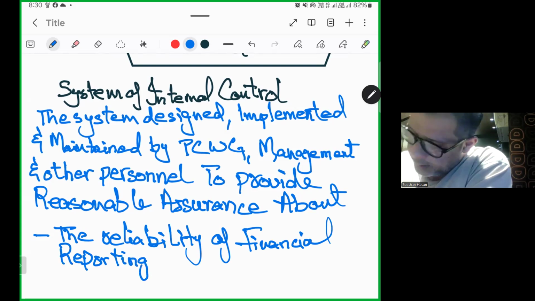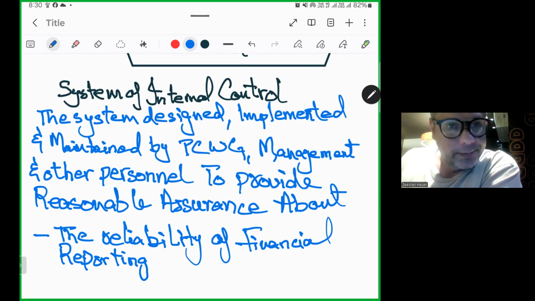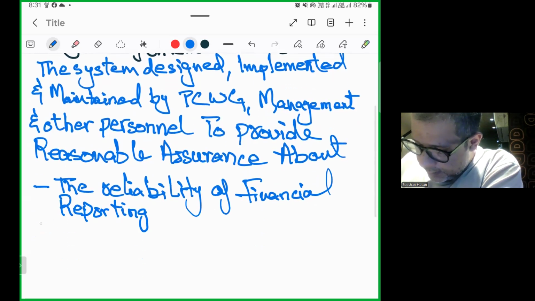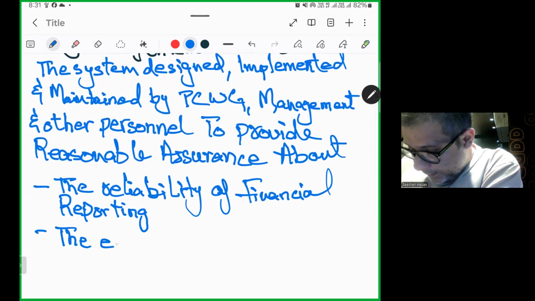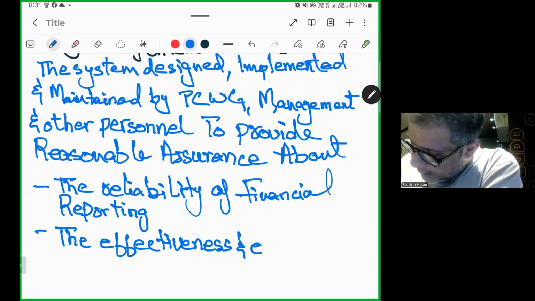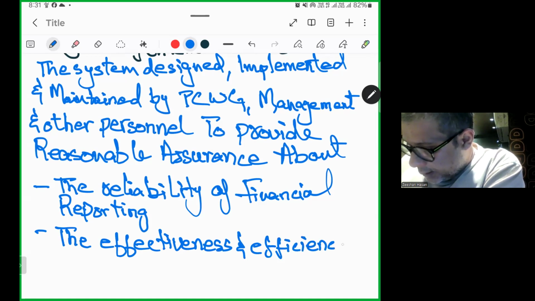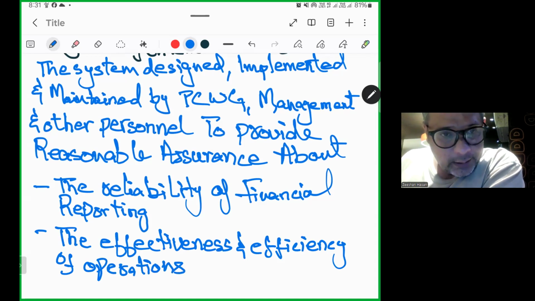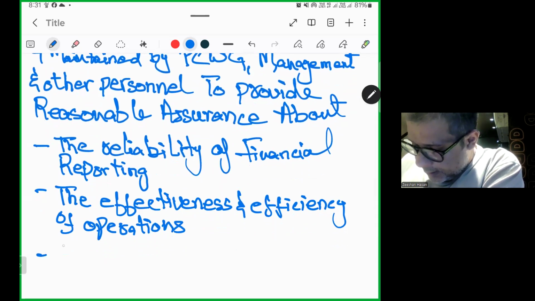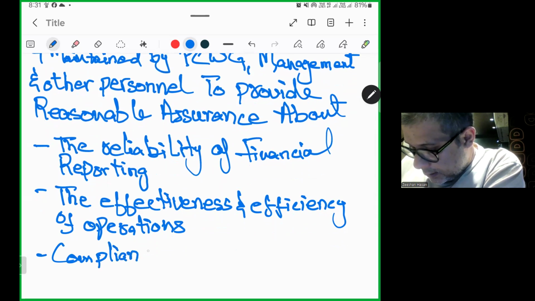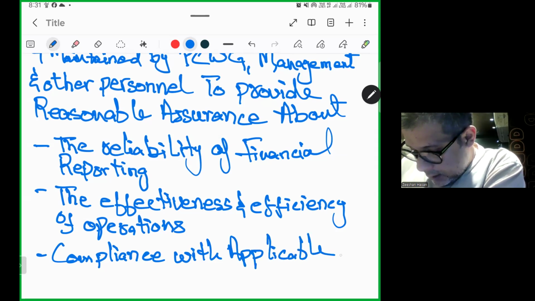the effectiveness and efficiency of operations, and compliance with applicable laws and regulations.